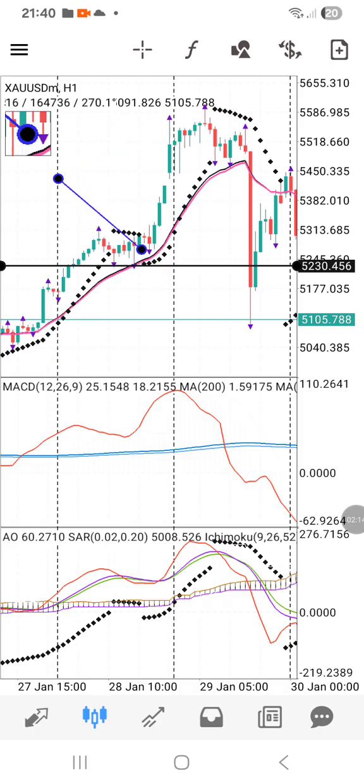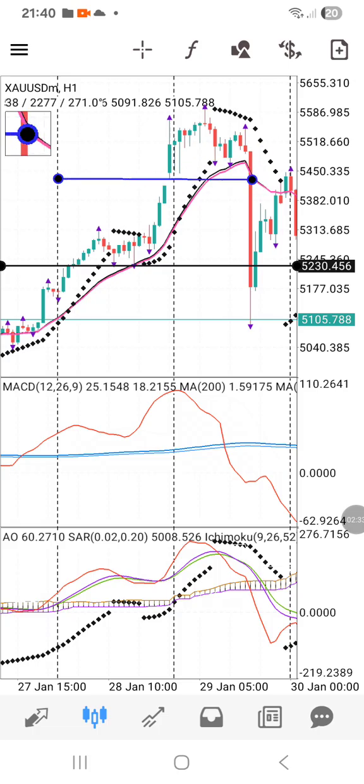Uptrend is higher high, higher low, higher high, higher low. Now we have this external low here, higher low here, and we have a close below the higher low. This place can also be taken as an external low.